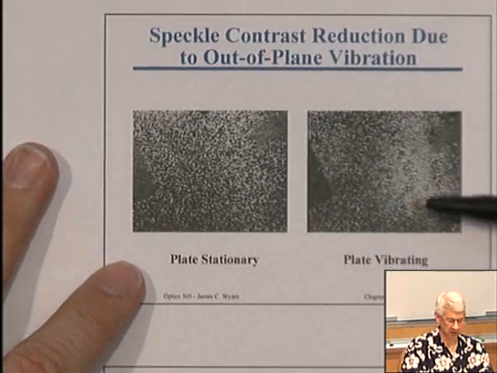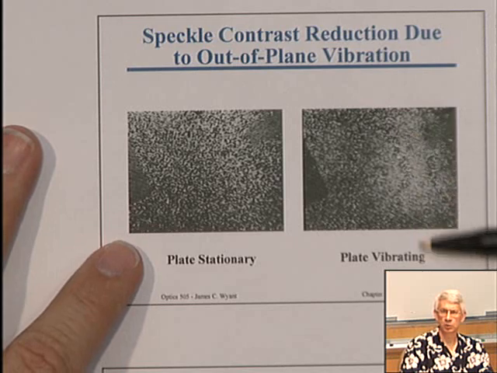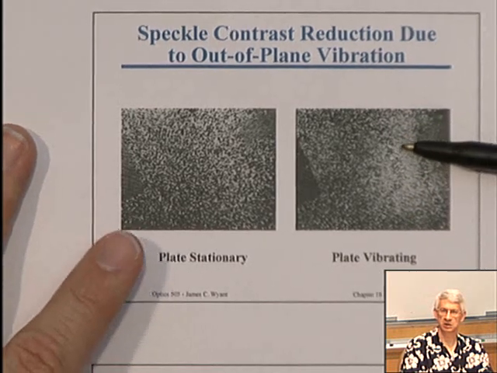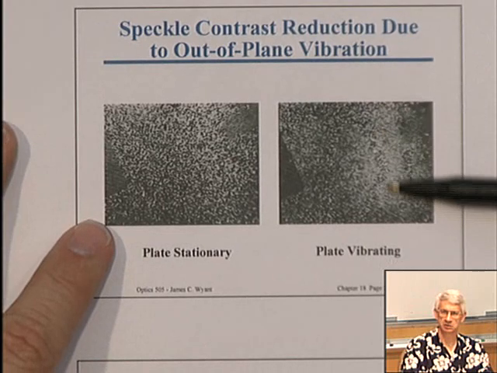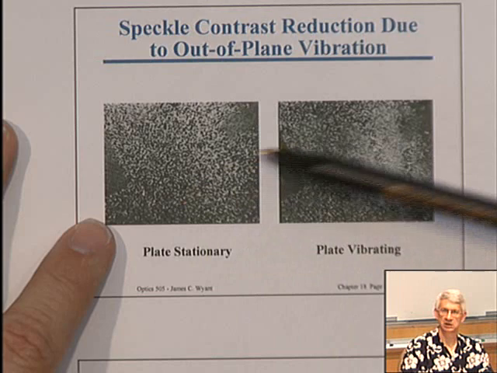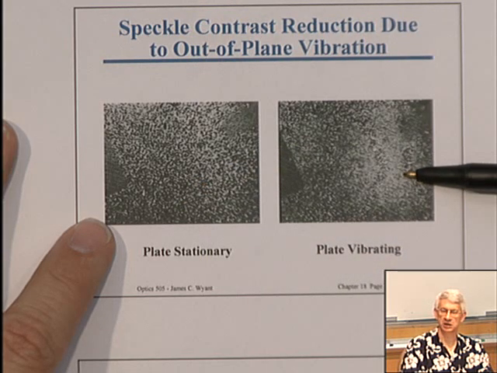When we look at these vibrations, we're going to see the contrast change, just like we did with the holographic lecture, according to this J0 Bessel function. So we can see the difference between the plane being stationary and the plane vibrating.